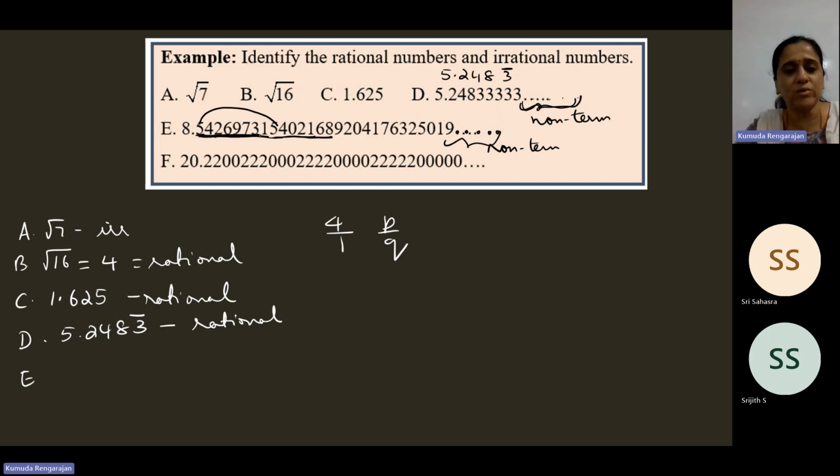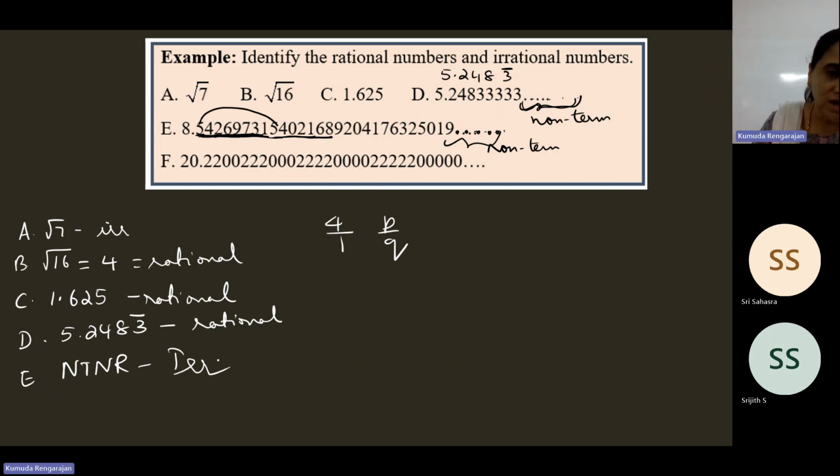It's not the same as this one. So the dots say that it's non-terminating and it's non-repeating because we don't find a pattern in the decimal part. There is no digit or a set of digits repeating themselves. So it's non-terminating, non-repeating. Hence, it's irrational.